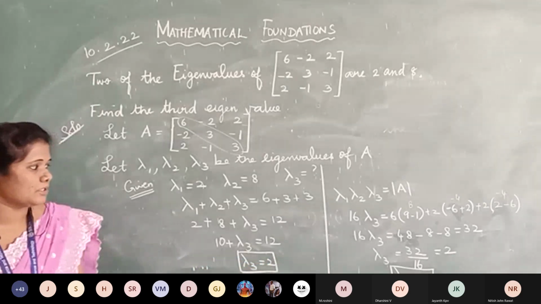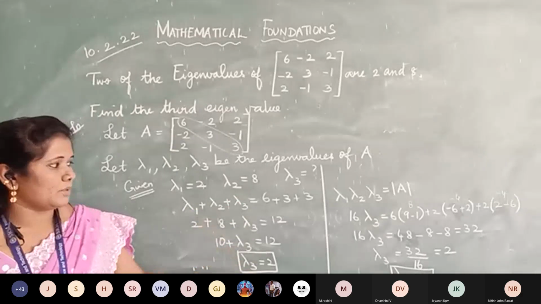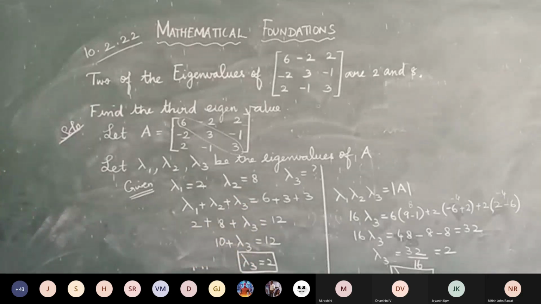So your eigenvalues here will be what? 2, 8 and 2. So 2 times you've got 2 and 1. Write it down.